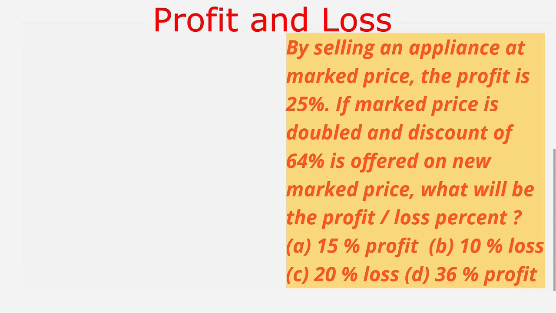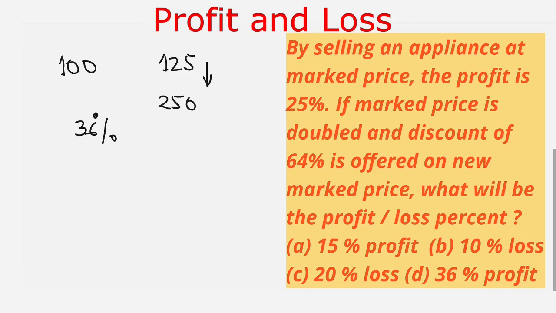If you have understood how to solve it orally, I put the answer in writing. CP 100, then SP is 125 with 25% profit. We doubled it, so it becomes 250. 64% discount, it means 36% is our receipt. 36% of 250.